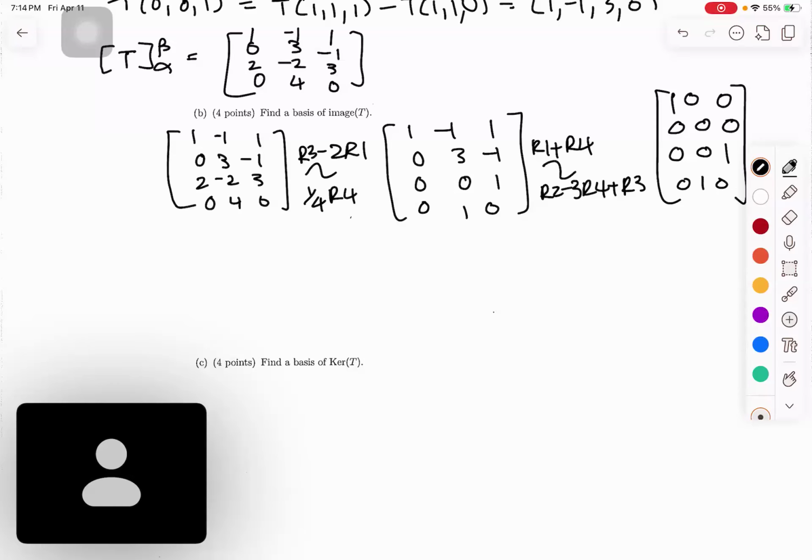And then we just swap row 2 and row 4, and we get 1, 0, 0, 0, 1, 0, 0, 0, 1, 0, 0, 0.